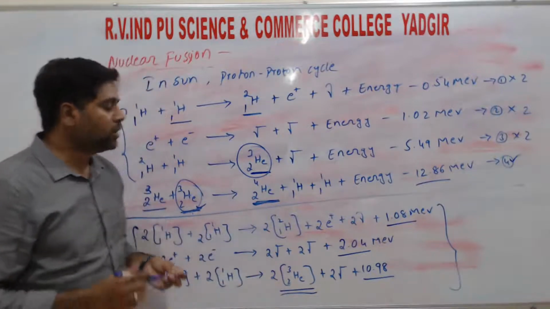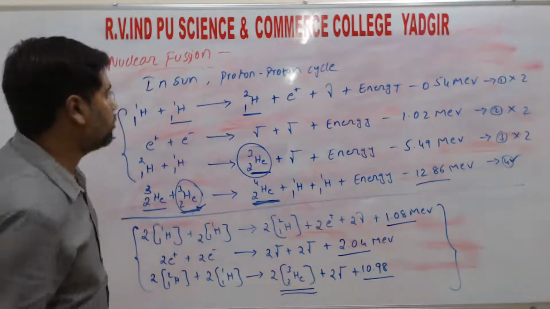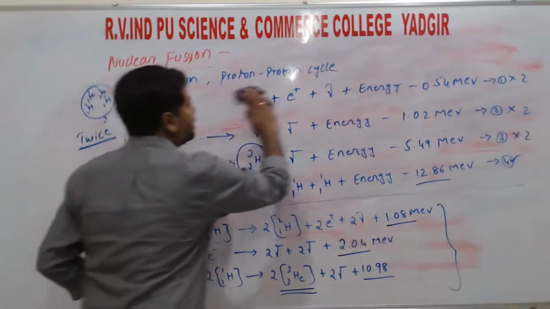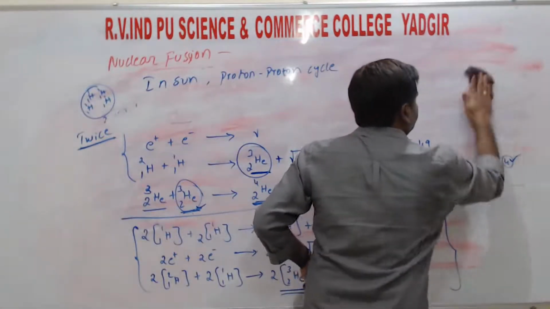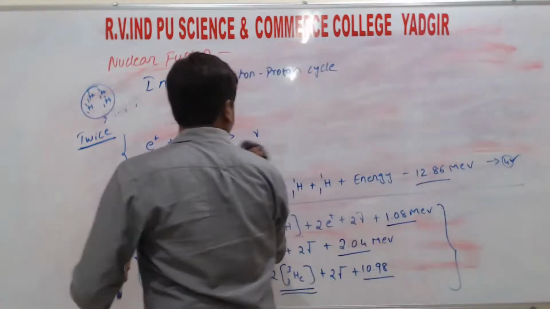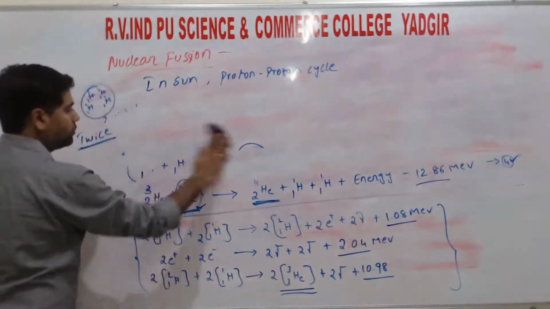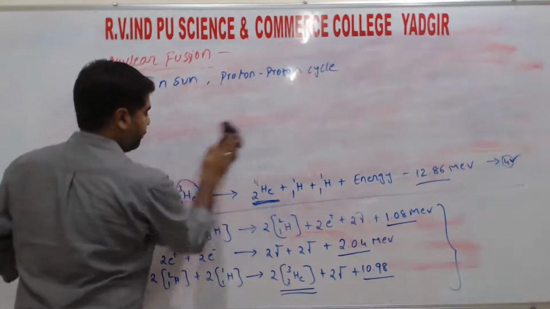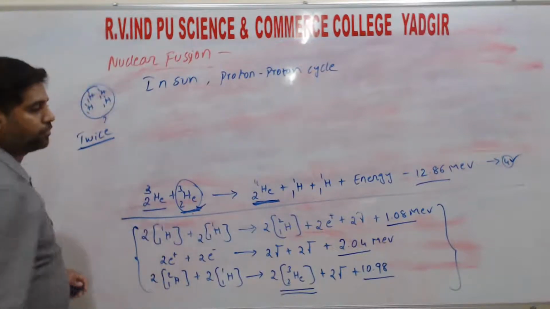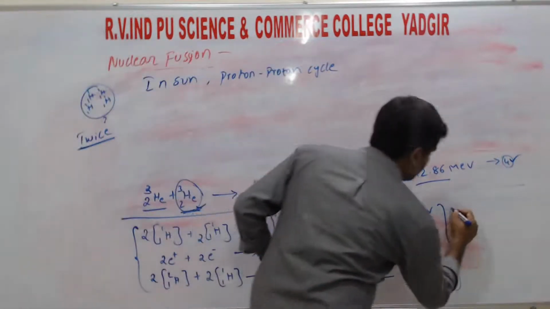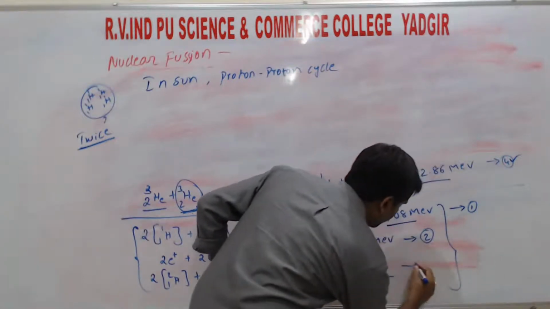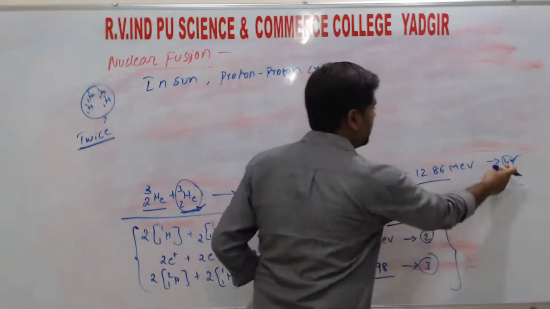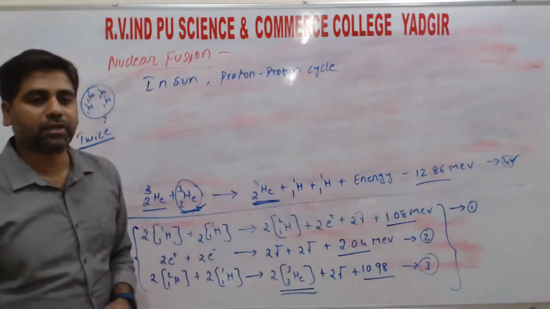So if we write this in general form in one equation, we get this one, and here is the second equation, here is the third one, and in the last we have the 4th equation, right?